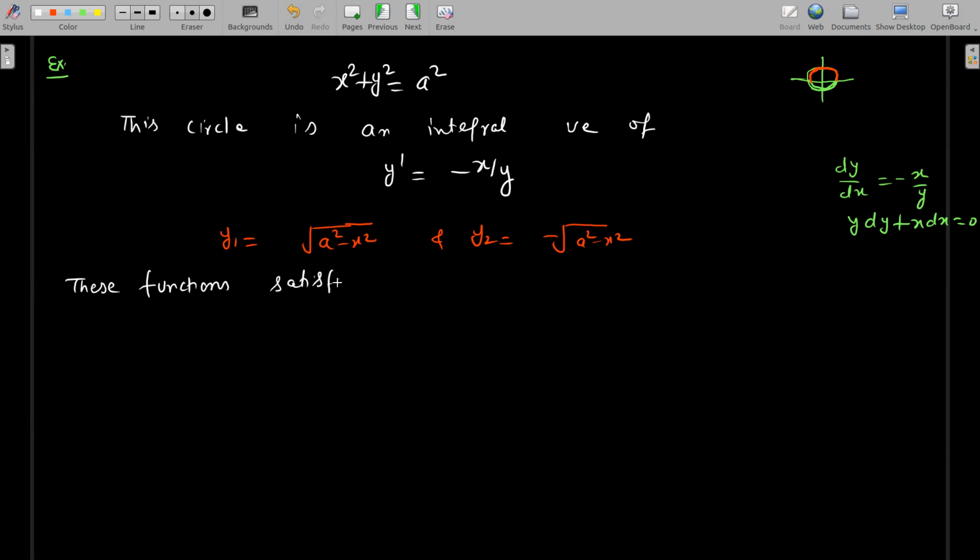You can check, compute dy by dx, compute करके यहाँ फिट कर दो, just compute dy by dx.